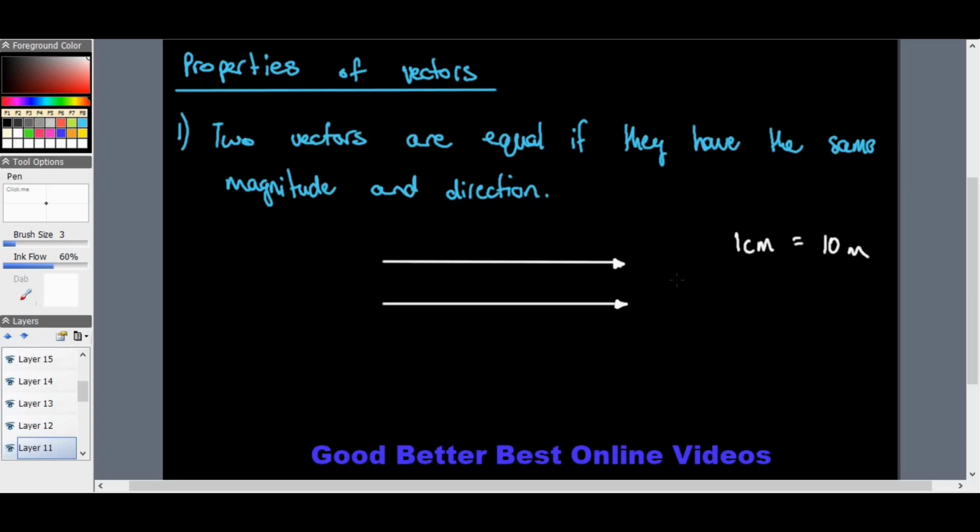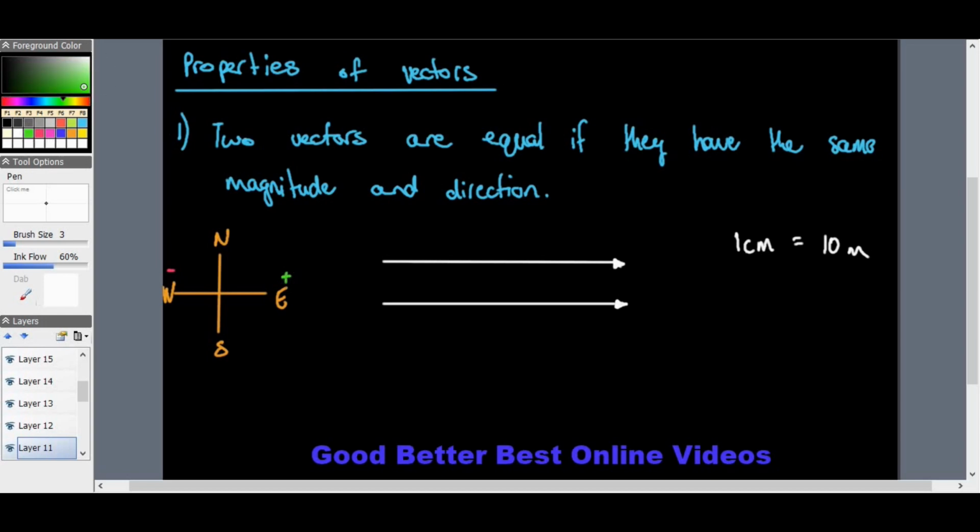Positive vectors point in the positive direction and negative vectors point in the negative direction. So if I draw the compass directions on a Cartesian plane, we've got north, south, east, and west. If I can fit west in there, there we go. We usually have negative for west, and positive for east.